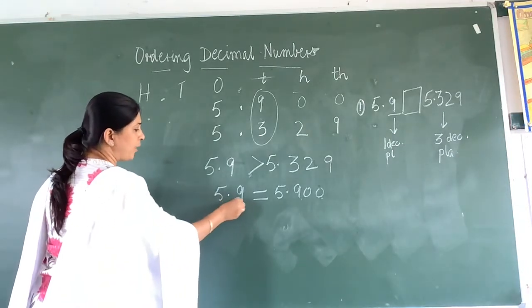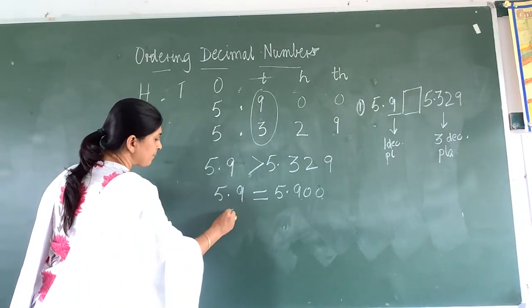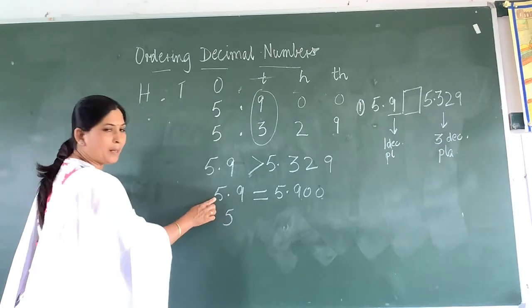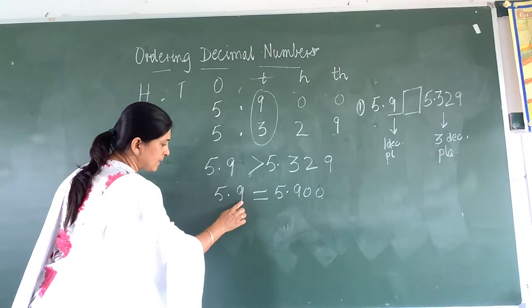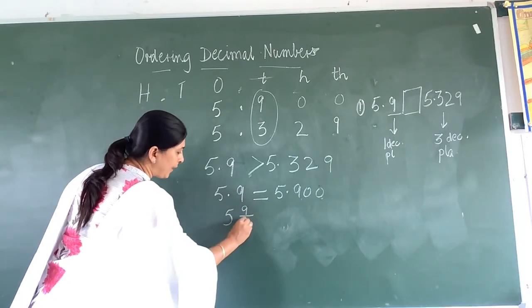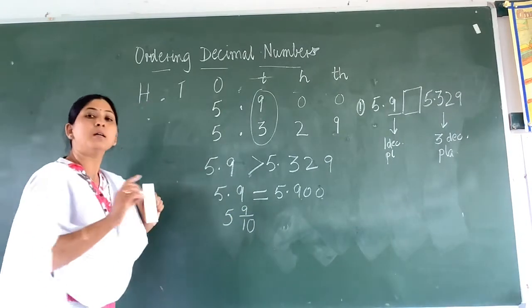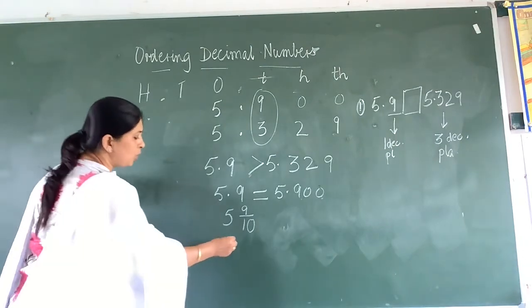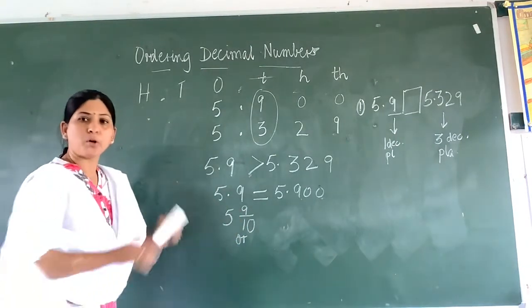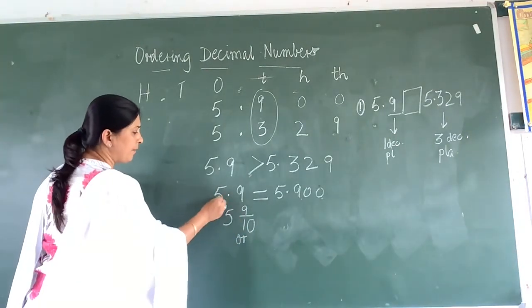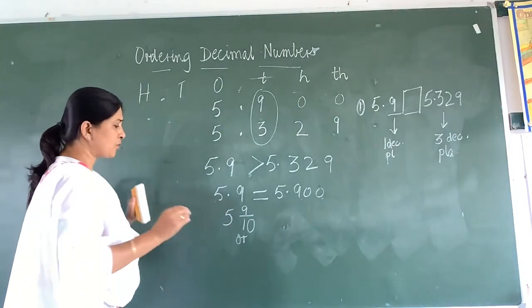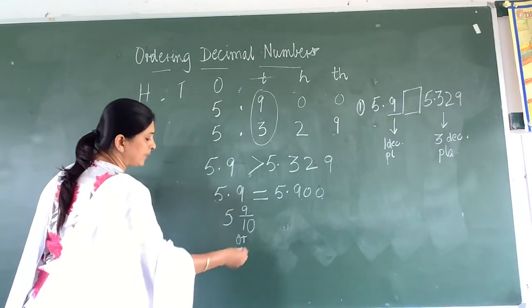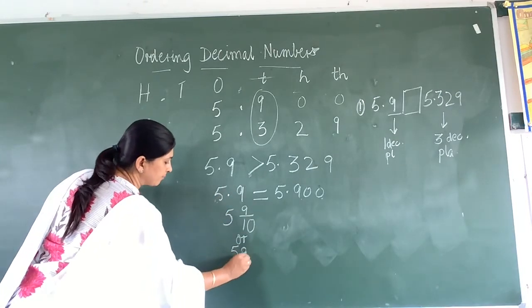See, 5.9 means 5 is the whole number, and 0.9 means 9 over 10. Or we can also write it like this. When we convert a decimal number into a decimal fraction, what do we do? We write the number without the decimal point, 59.